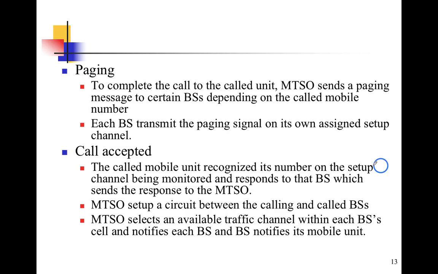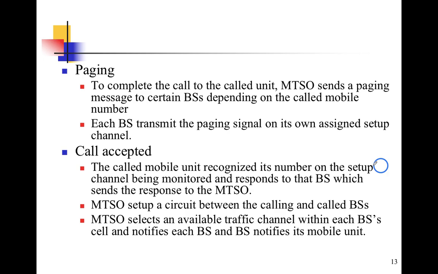So of course the MTSO doesn't know. Of course the MTSO has all the records of the registered mobiles. But because this is mobile, maybe that particular device is not in that particular area.